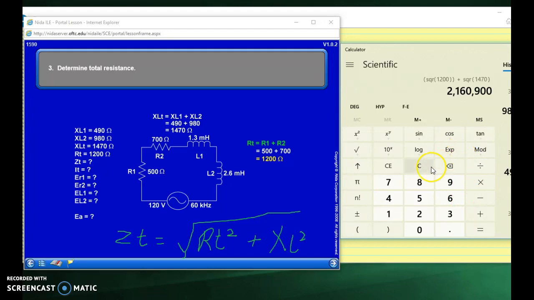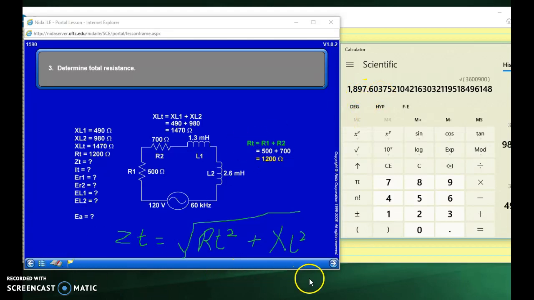I think I messed up, so let me go back and do that again. So open parenthesis, 1200, close parenthesis, squared, plus open parenthesis, 1470, close parenthesis, squared, equals, and then we have to get the square root of that.